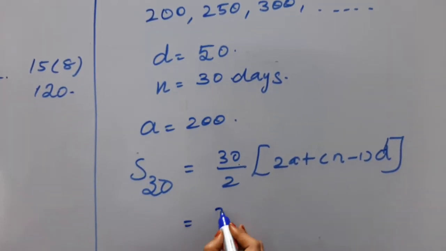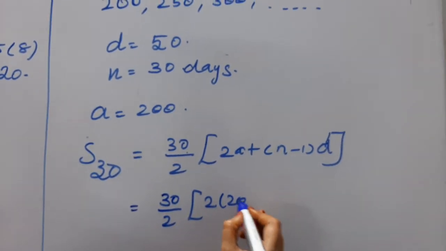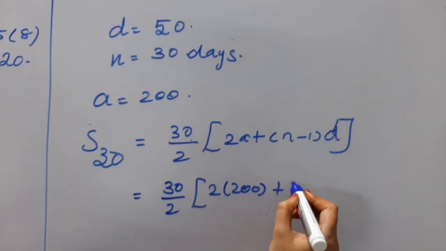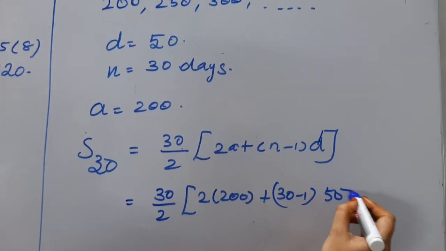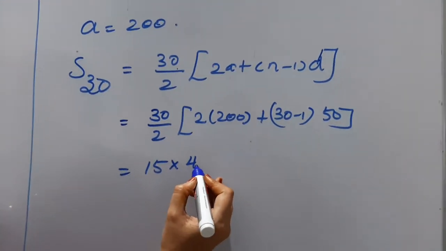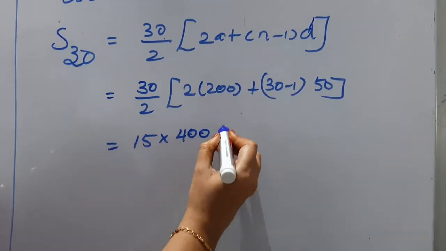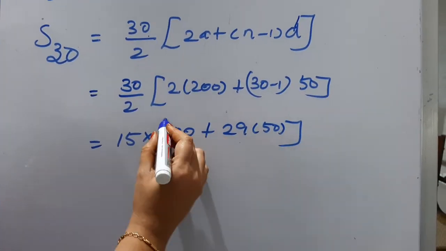Now substitute all the values. 30 by 2, which is 15, a is 200, n minus 1 is 29, and d is 50. 15 into (400 plus 29 into 50).